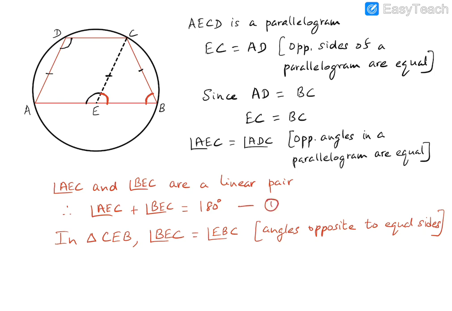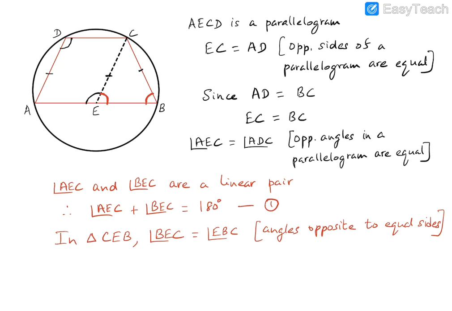So in our expression, we have angle AEC plus BEC is 180 degrees, but the angle AEC over here is the same as the angle ADC because we have shown earlier that these are opposite angles in the parallelogram, and opposite angles in the parallelogram are equal. So when we substitute in place of AEC in equation 1, AEC is equal to ADC.